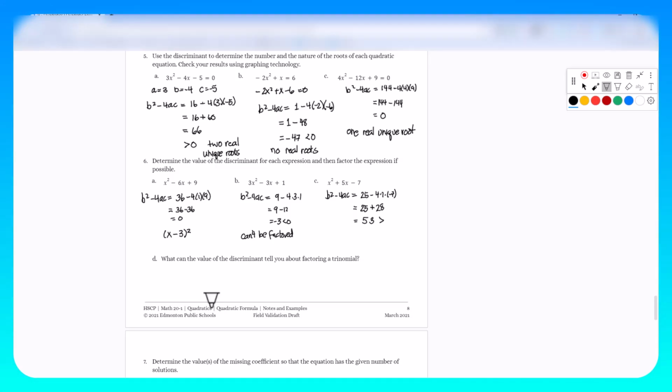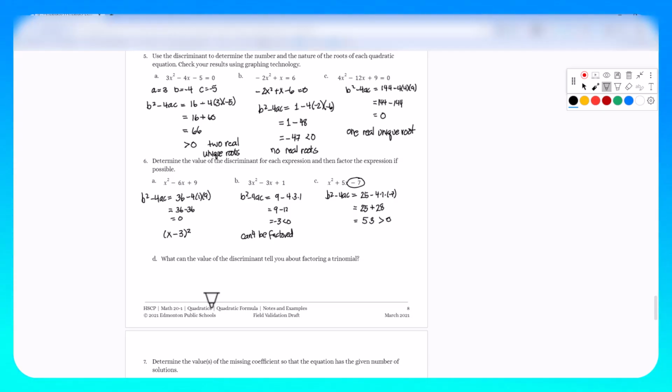Now, this tells us that it's greater than 0, and it does have 2 roots, but remember, this is under a square root sign in the formula. So the square root of 53 doesn't come out to a nice even number. This tells us this can't even be factored.